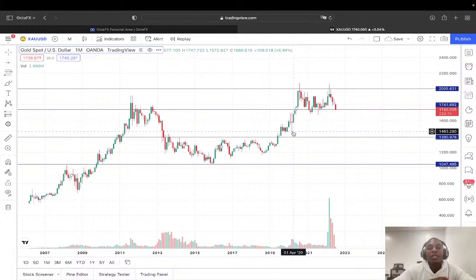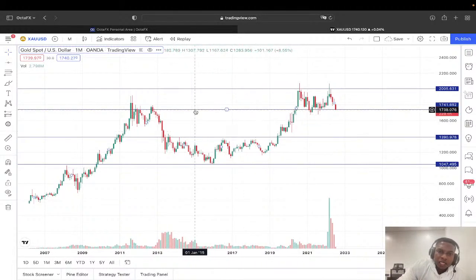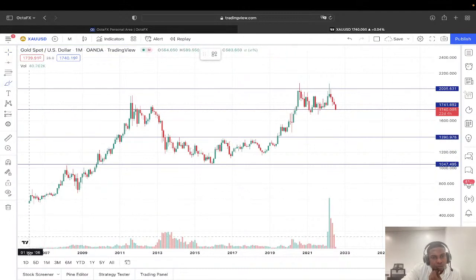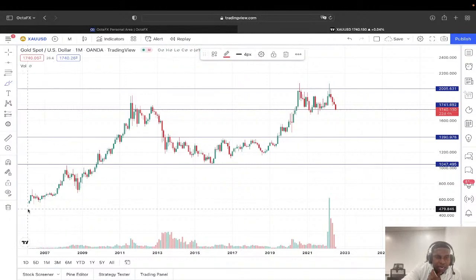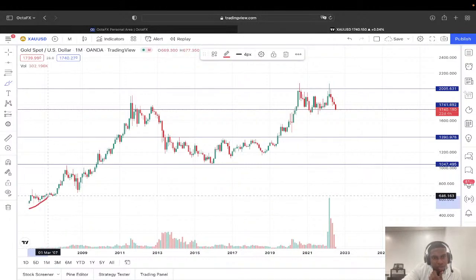Now that we have been able to map out key levels, let's understand what price did in these levels. We are starting from 2007 when price embarked on a significant journey.